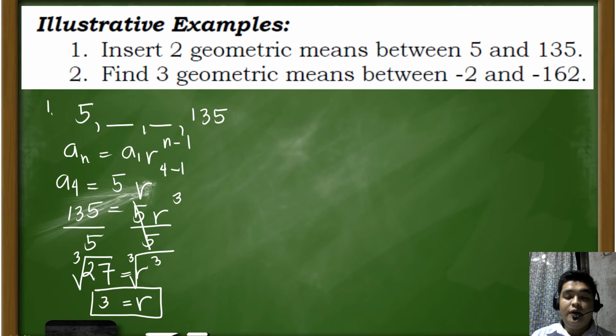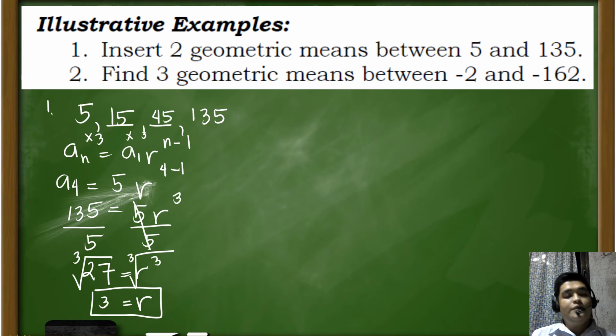Since our r is 3, we multiply by our common ratio to get the next term. So 5 times 3 is 15. Then 15 times 3 is 45.